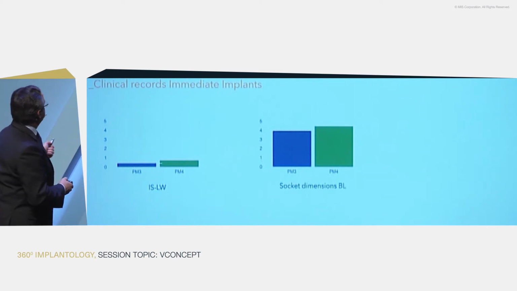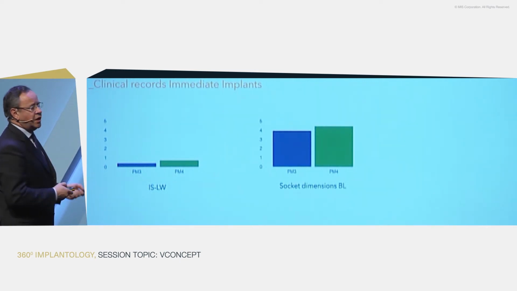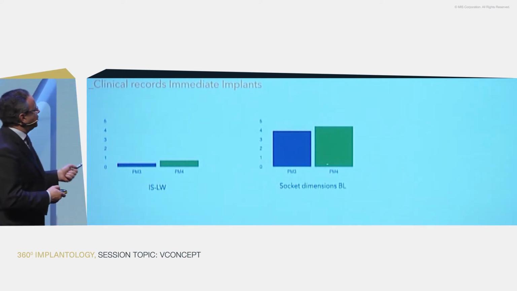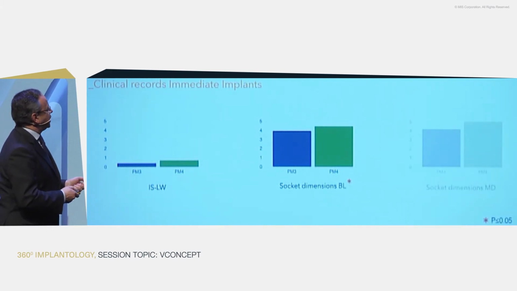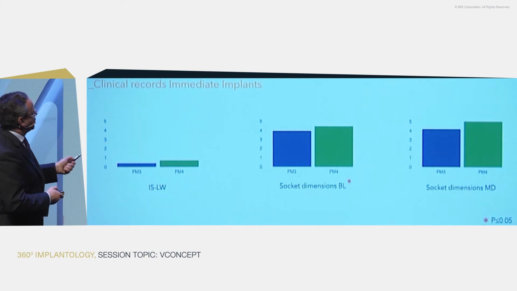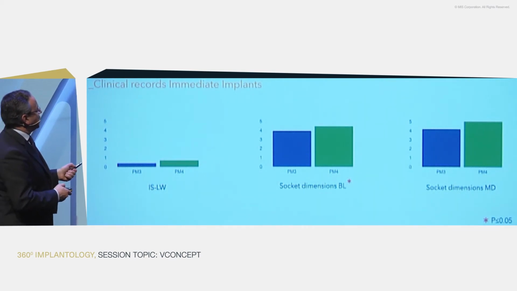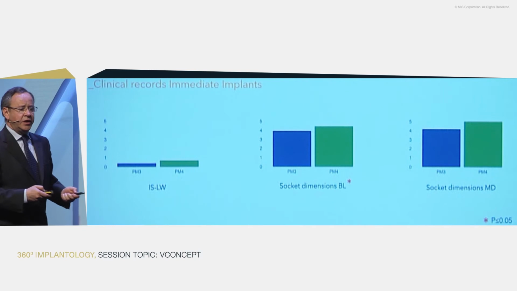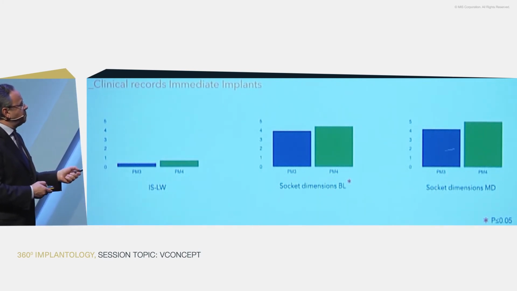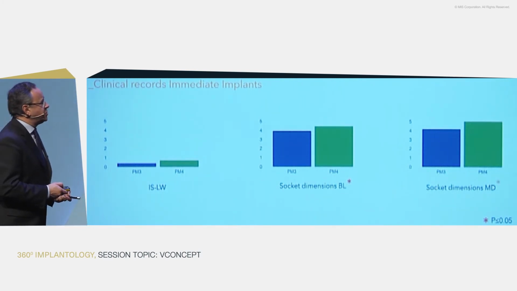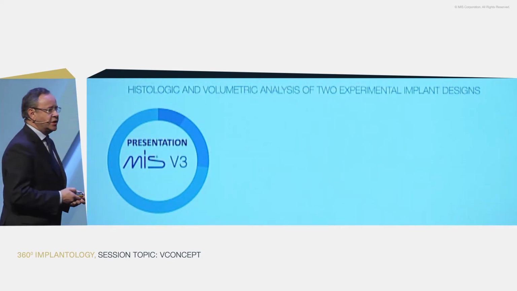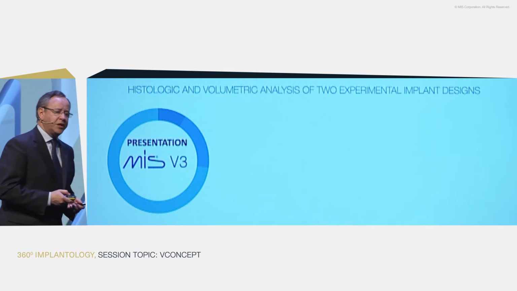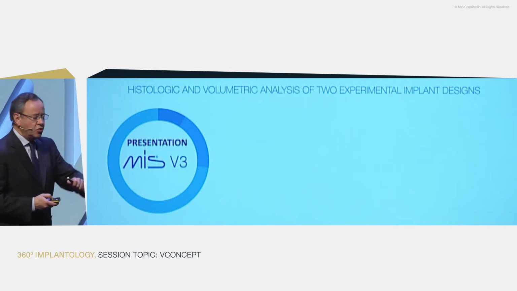But you can see in terms of the lingual, there are no differences. In terms of the socket dimensions, we have bigger sockets buccolingually in the fourth premolar, similar mesiodistal differences.